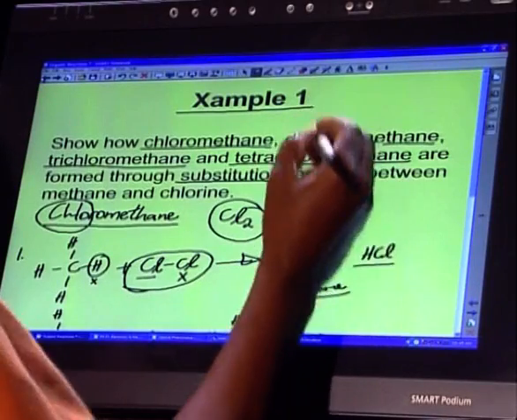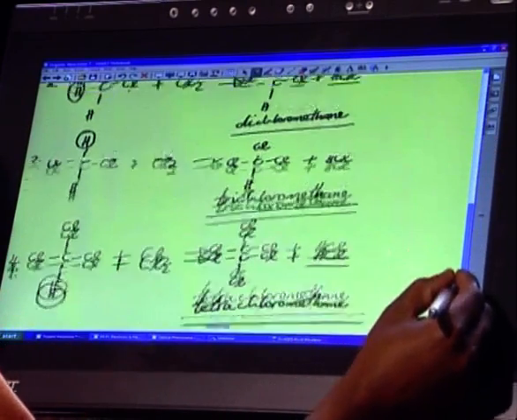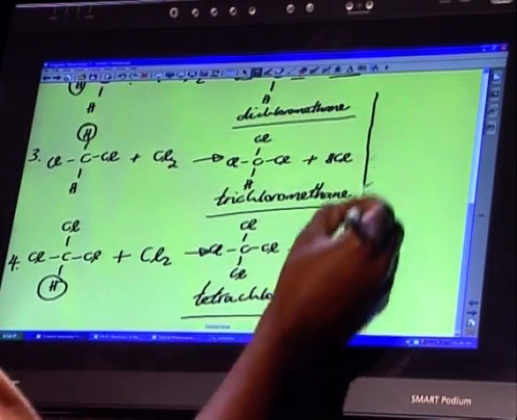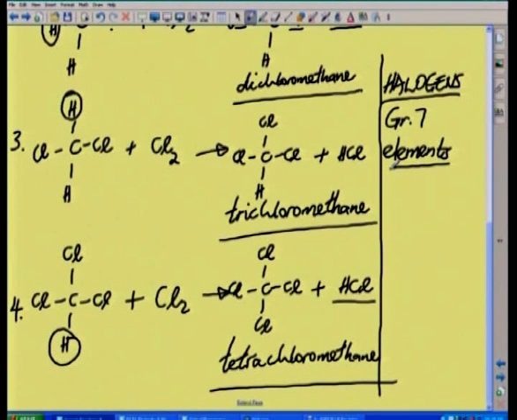Why haloalkanes? The word halo comes from the word halogens. And what are halogens? These are group 7 elements. And what are those?